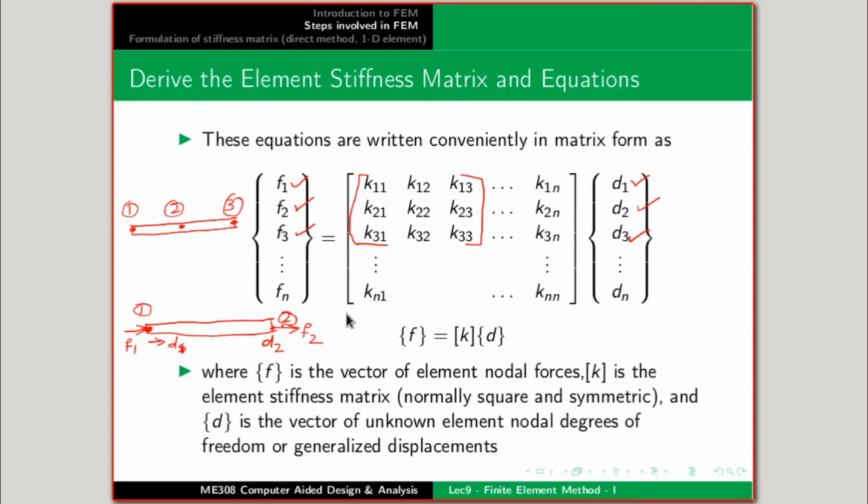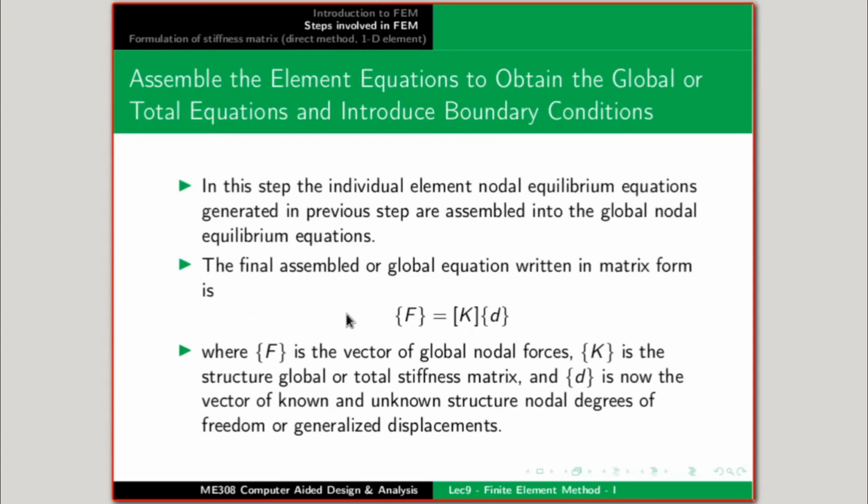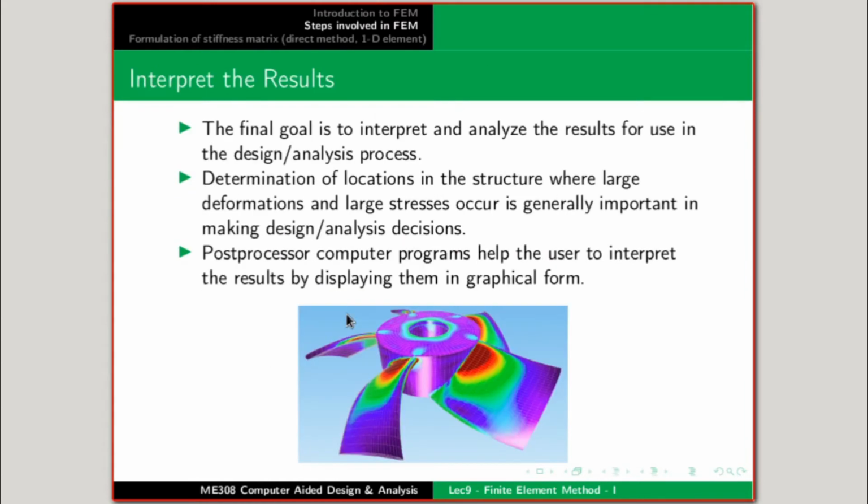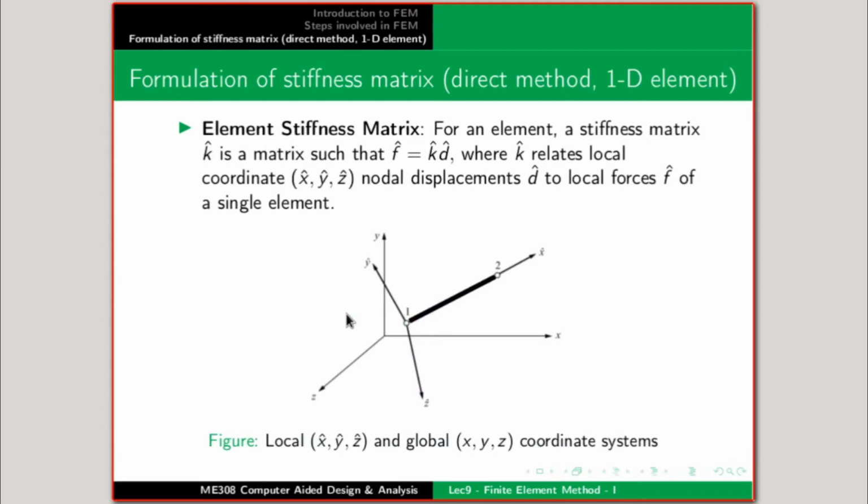Now, let me illustrate the derivation of the element stiffness matrix for a one-dimensional element. So, directly we are going to the derivation for a one-dimensional element. These things we will discuss later. Consider a simplest one-dimensional element as shown in the figure.